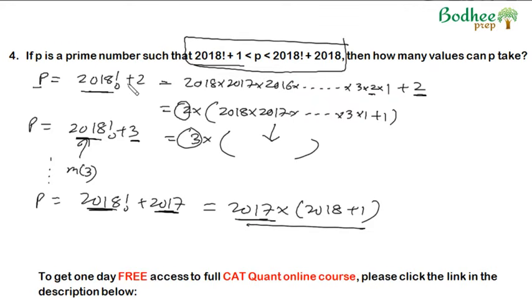So right from the smallest till the largest, every time we'll be getting a number x which will be common in both the terms, plus x, and obviously in 2018 factorial also, because this number x will always be less than 2018. So in none of the cases will p be a prime number, or we can say that the answer for this question is 0, right?